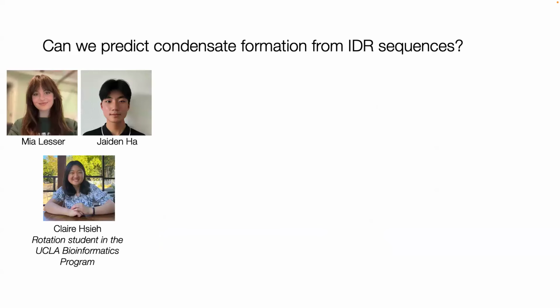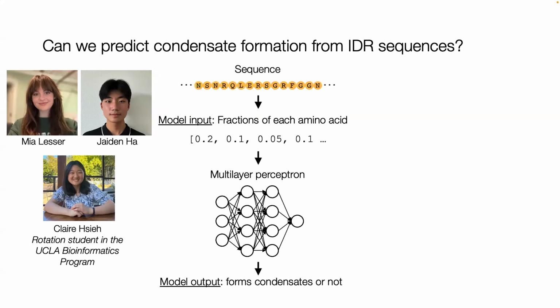So I was super lucky, actually, on the second day, the day after I started at UCLA, I had a team of undergrads, Mia Lesser and Jaden Haw, come and join and start trying to make predictions from our experiments. And then this quarter, we've had a really fantastic bioinformatics rotation student, Claire Shea, come and start trying to work on this problem. And I just want to highlight for a couple seconds some of the stuff that Claire has been doing.